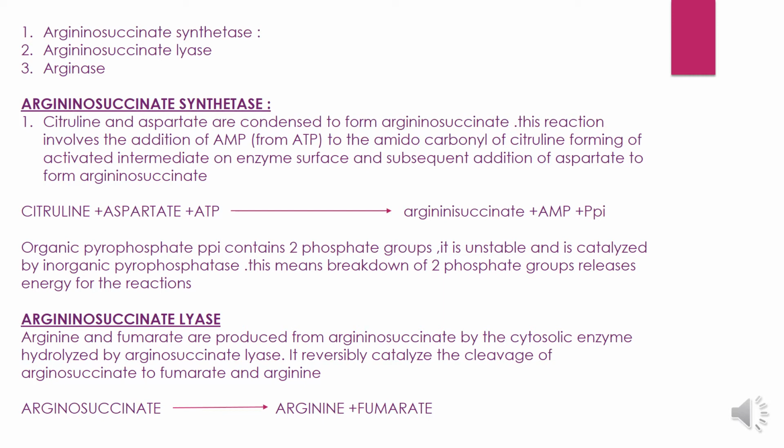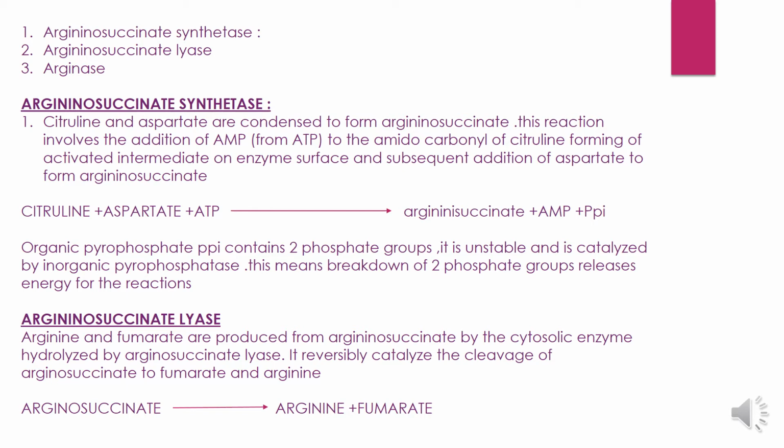Citrulline plus aspartate plus ATP gives argininosuccinate plus AMP plus PPi. Inorganic pyrophosphate PPi contains two phosphate groups. It is unstable and is hydrolyzed by inorganic pyrophosphatase. This means breakdown of the two phosphate groups releases energy for the reaction.